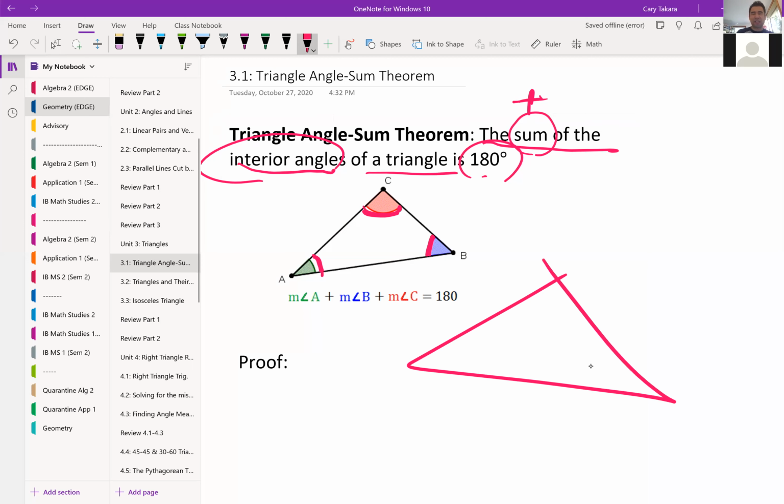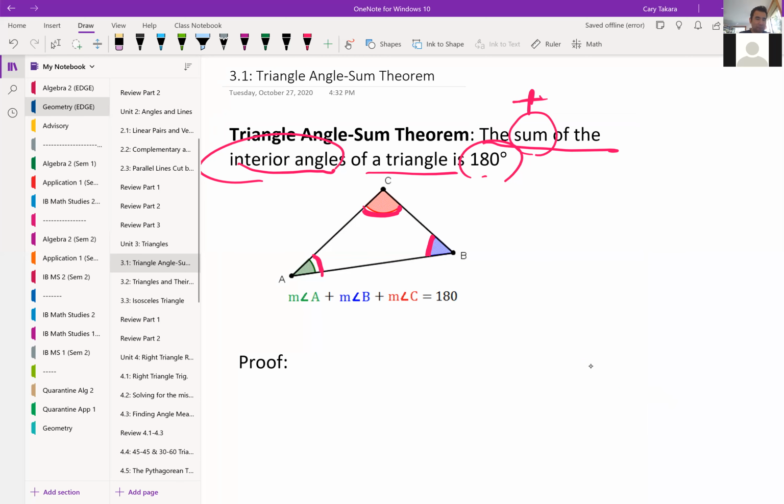And you understand that. Draw any triangle. There are 1, 2, 3 interior angles. If you add all the interior angles, what do you think it's going to be? Do you think it will be always different angle measurements?